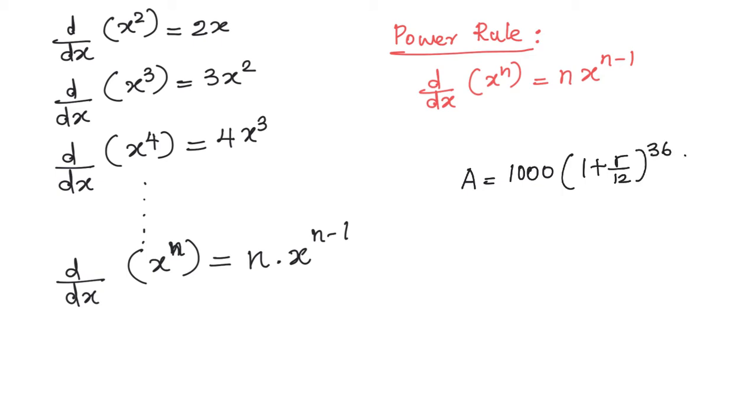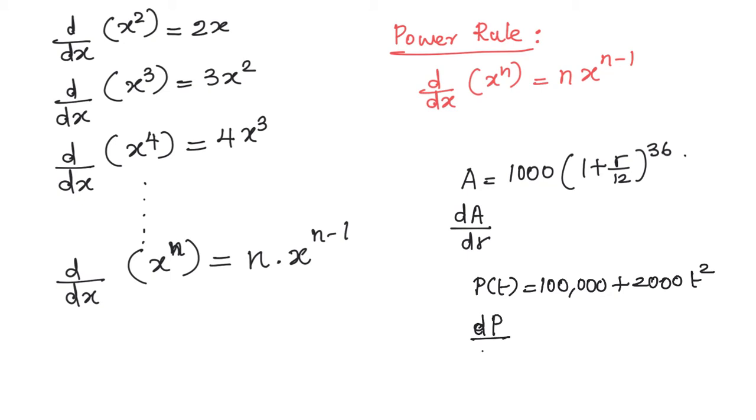If we want to find the rate of change of amount with respect to the rate, we can write dA over dr. Or if a population function is given, and we need to find the growth rate with respect to time t, we can write derivative of P with respect to the variable t.